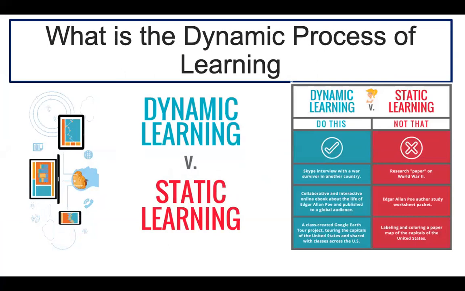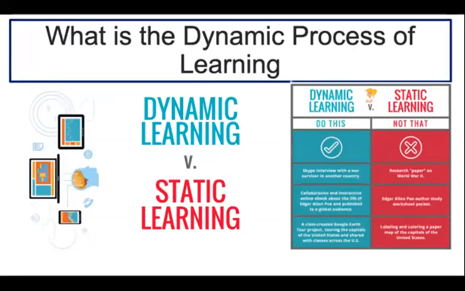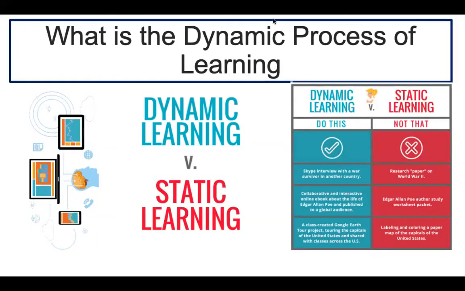Now I talk about something related to the dynamic activities or dynamic process of learning or teaching. We have two kinds of features: the first one is static learning, and the other is dynamic learning.